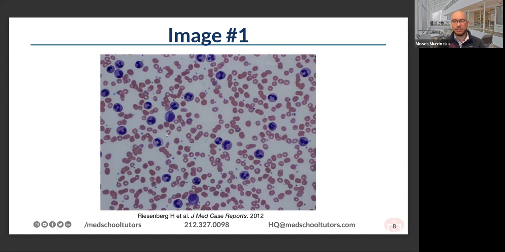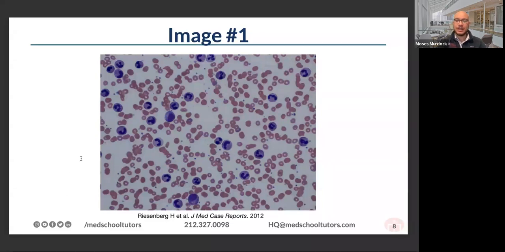Go ahead and put it in the chat. And I'll give you a clue. We're talking about white blood cells here. So there's something about looking at that subset of cells that is abnormal. I love the participation here.